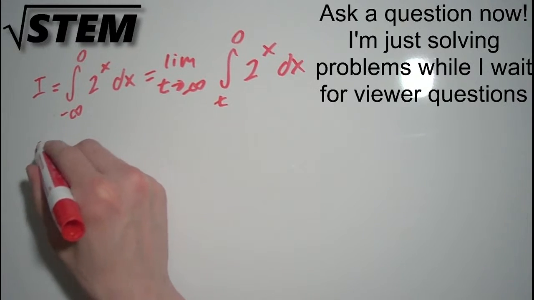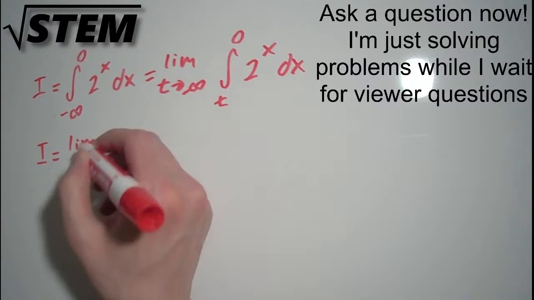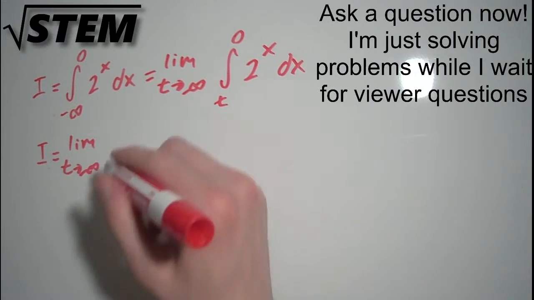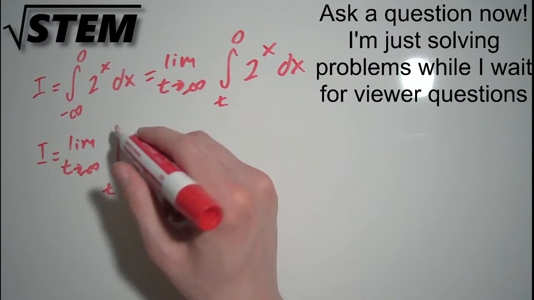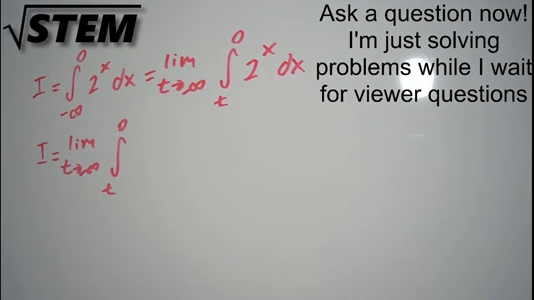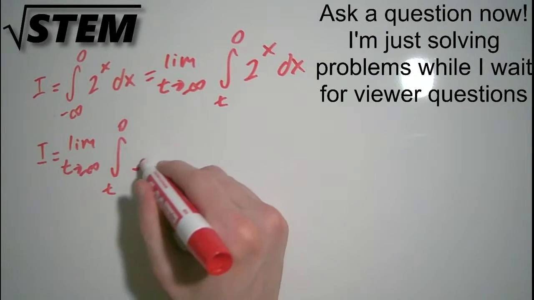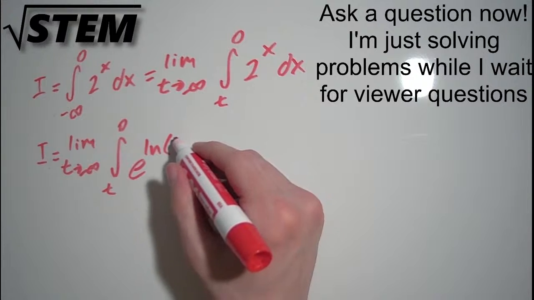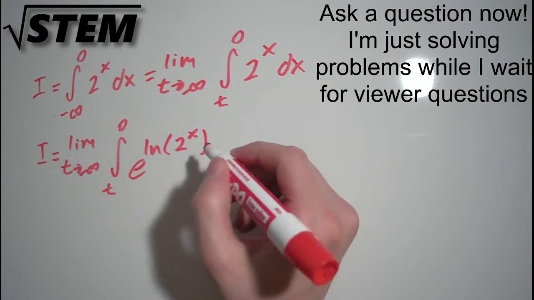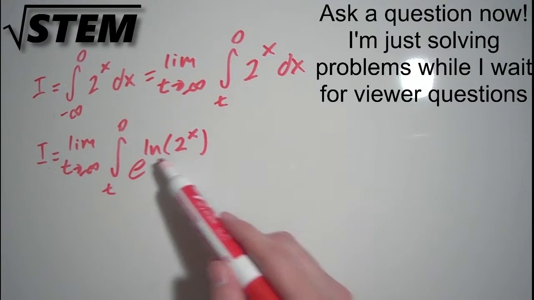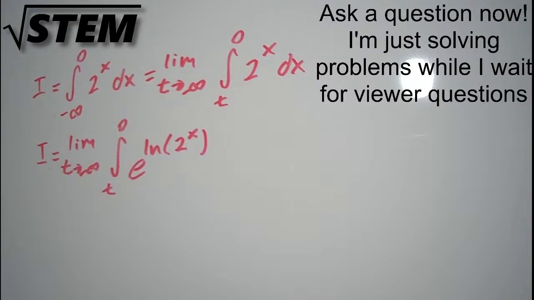I believe with a number to a variable power, we want to play our e to the natural log of stuff game. So e to the natural log of 2 to the x is exactly the same as 2 to the x, because e and natural log are inverse functions.